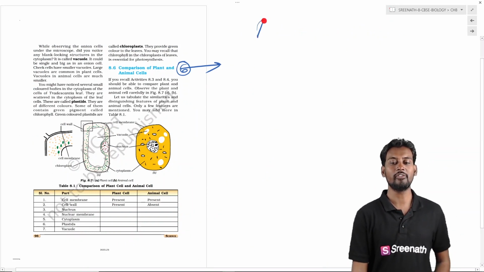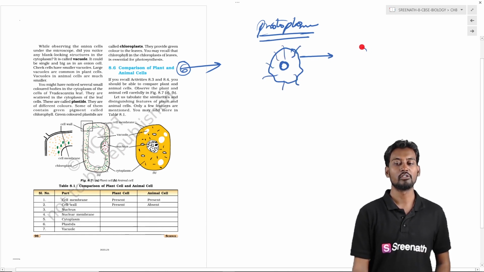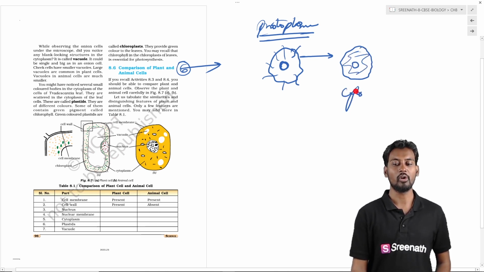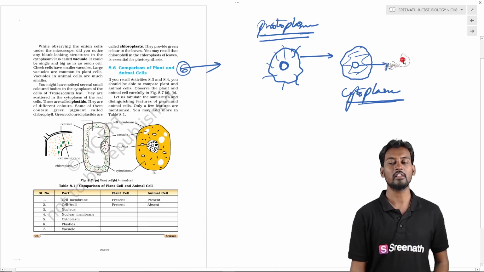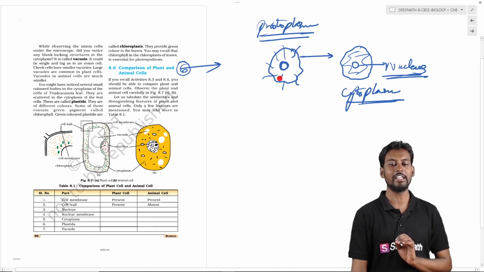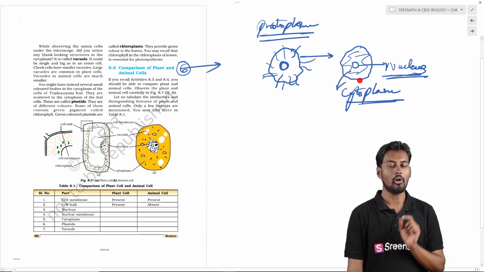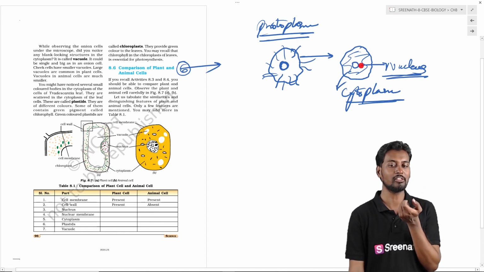So what is the difference with the protoplasm? Protoplasm is what you get when the cell membrane, that is the cell plasma membrane, has been degraded by a chemical agent, and you obtain a cell consisting of cytoplasm along with the nucleus.